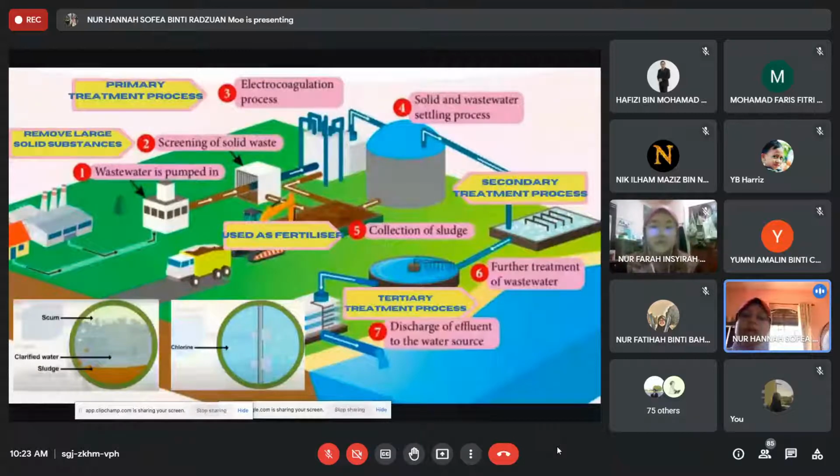It helps the bacteria to grow and feed on the organic contaminants such as food waste, feces, and other organisms. In the tertiary treatment process, the leftover wastewater is treated with chlorine to remove bacteria. Chlorine tablets are added to kill the germs. This process is called chlorination. Then this water is let off into water bodies.